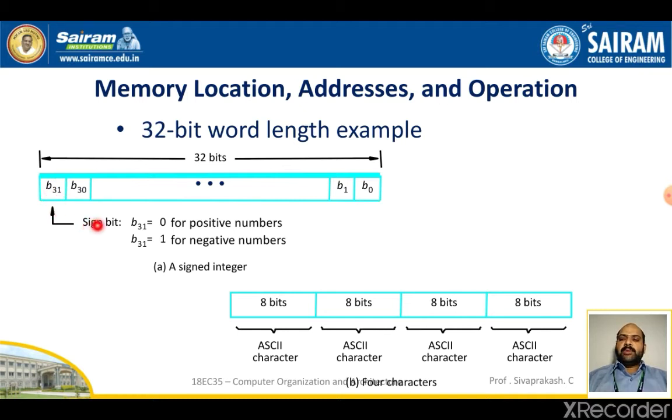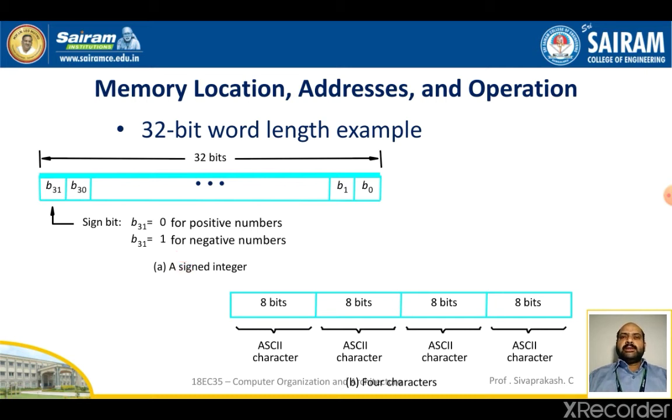This is called the sign bit. Whenever B31 is 0, the whole 32 bit number is a positive number. When B31 is set to 1, then this 32 bit number is called a negative number. It is called signed integer data.